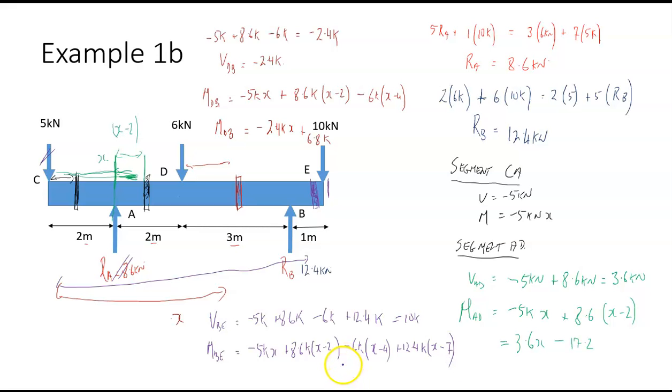And when we multiply them all out, we get that's equal to minus 10x minus 80.